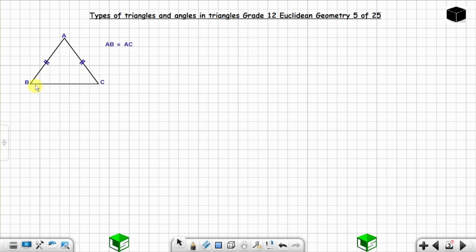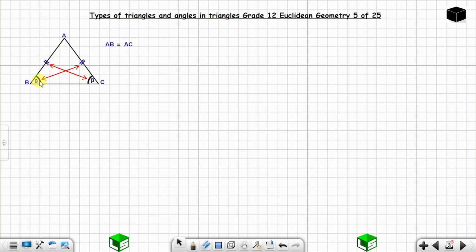If we call this angle theta and we call this angle beta, automatically theta is equal to beta because the two angles are opposite equal sides. This angle is opposite this side and this angle is opposite this side.